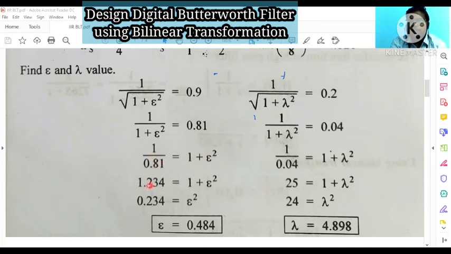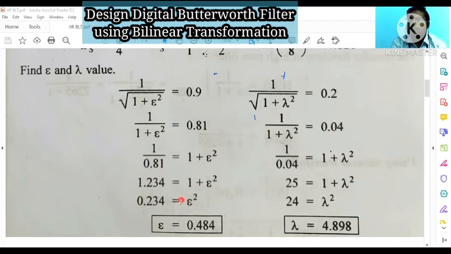So 1 by 0.81 is nothing but 1.234, which equals 1 plus epsilon square. This 1 will move to the left hand side, so it becomes minus. So 1.234 minus 1, which means 0.234. So it will give epsilon square. Now again you take the square root on both sides, and square root and square will cancel out.